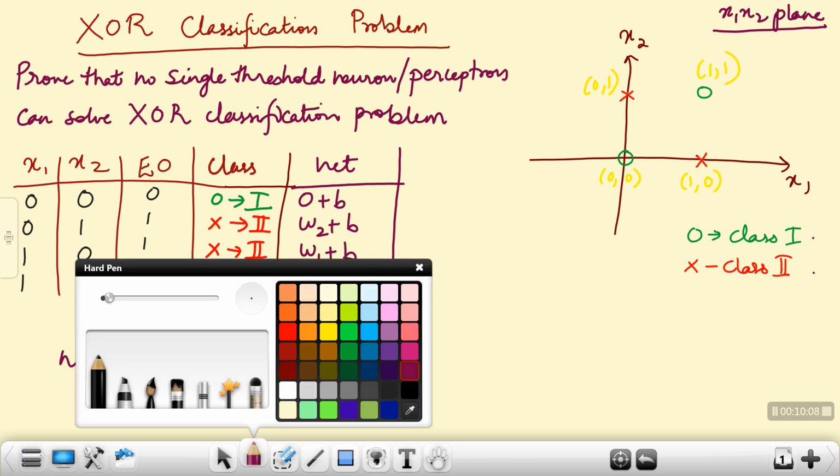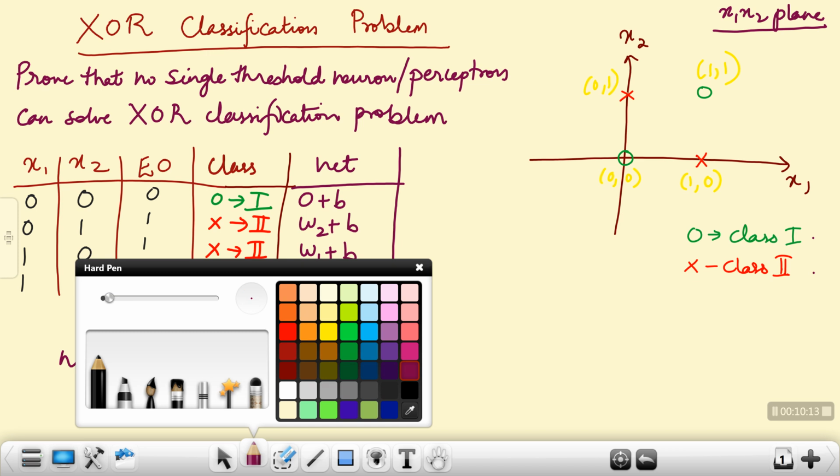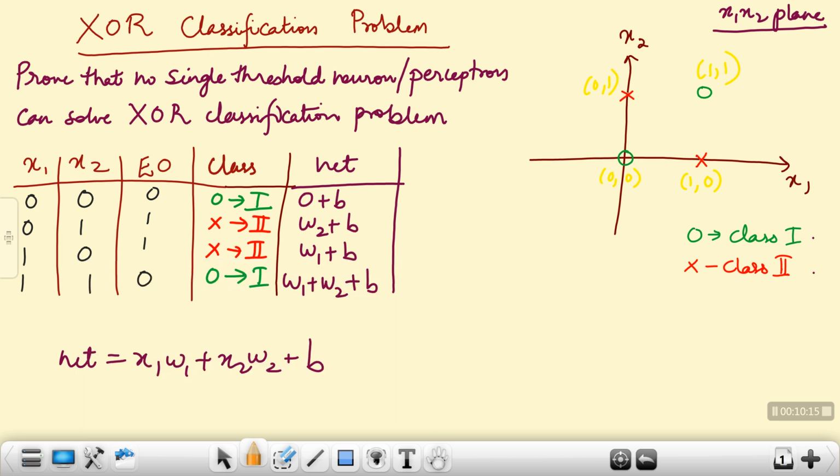In the first case the expected output has to be 0, so the net value has to be less than 0. In the last case too the expected output is 0, so it should be less than 0. Whereas in these two cases the expected output is 1, so w2 plus b should be greater than or equal to 0 and w1 plus b should be greater than or equal to 0.